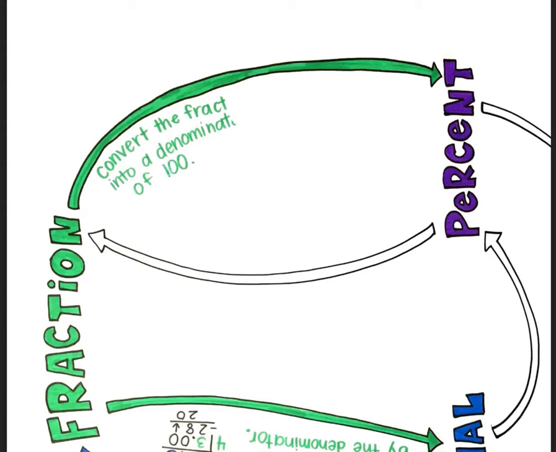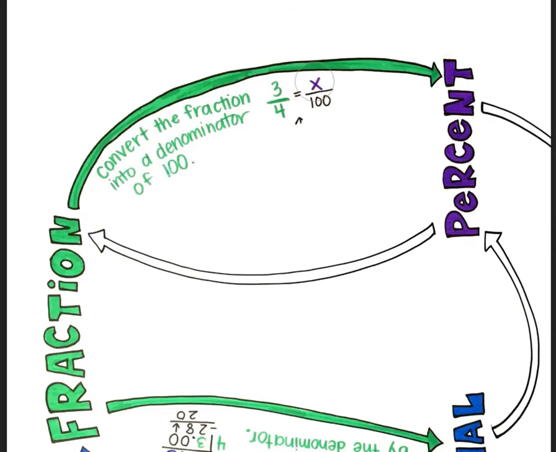So in order to do this, we need to convert the fraction into a denominator of 100. So for example, 3/4, I could think it's going to be 3 over 4, or something over 100, because we know that 3/4 would be the fraction, but if it's a percent, it's going to be for every 100. So 100 should be on the bottom.